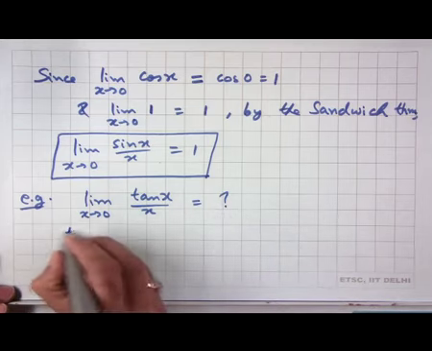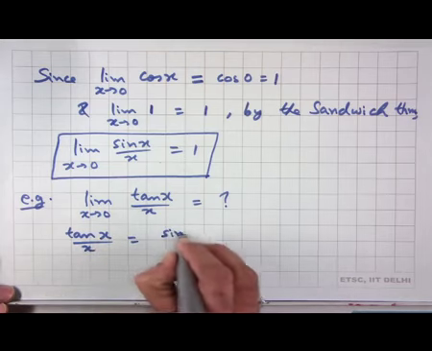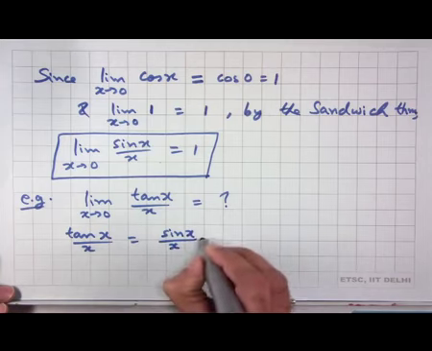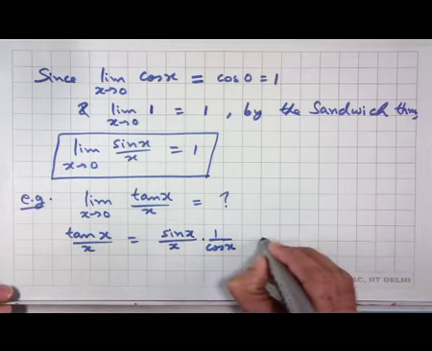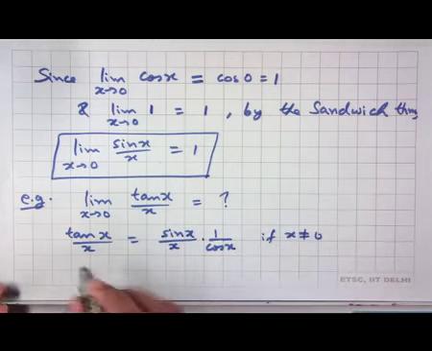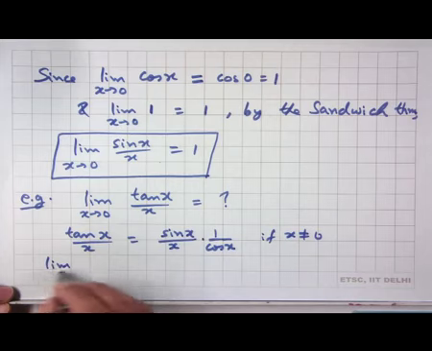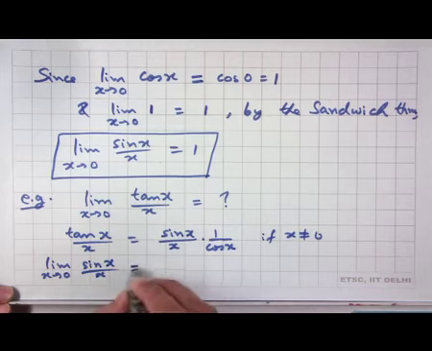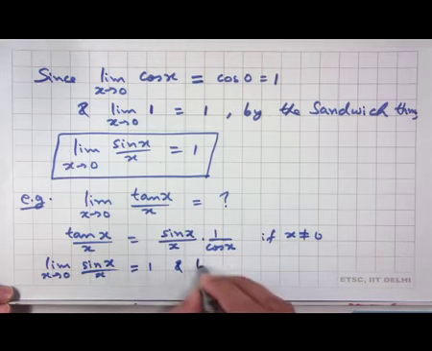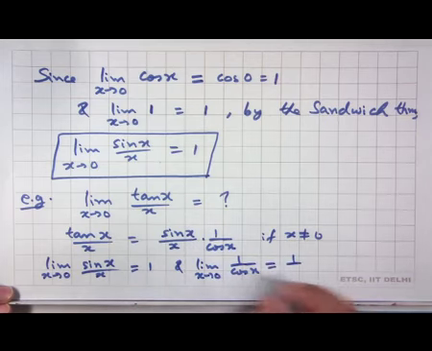So, note that tan x by x is equal to sin x by x times 1 by cos x, if x is not equal to 0, and we know that limit of sin x by x is equal to 1, and limit of 1 by cos x is equal to 1 by limit of cos x, which is 1.